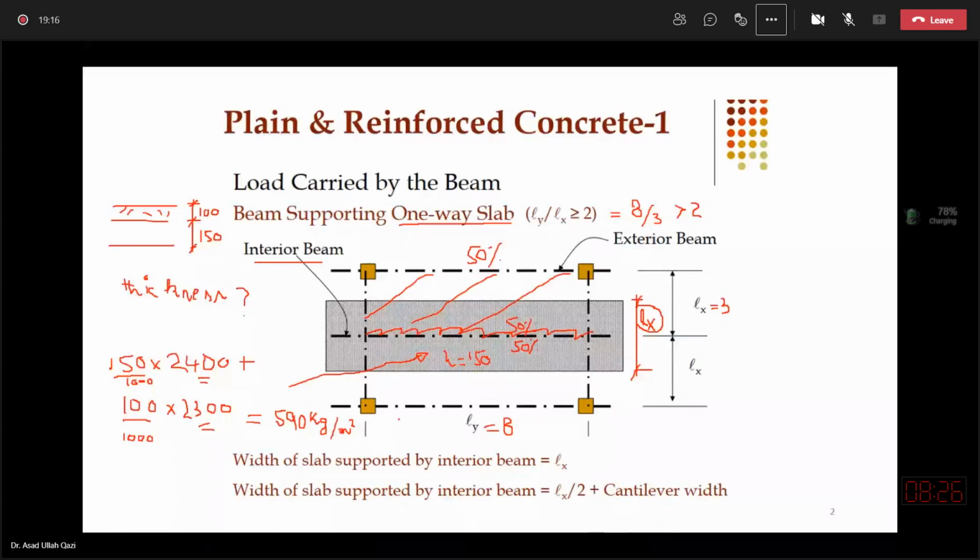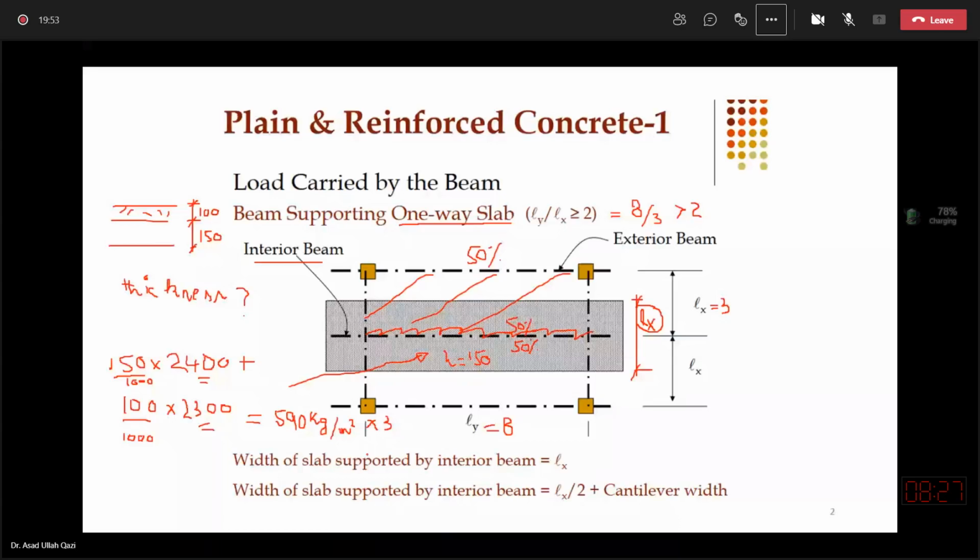So for this 590, I will multiply this with 3 meter to convert it into UDL. That can be done to calculate the service load due to self weight only on the beam in terms of kg per meter. So this is one of the steps to calculate the self weight UDL on the beam.